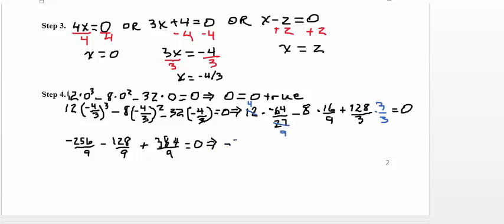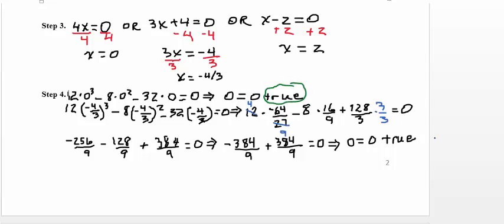And obviously, I get negative 384 over 9 plus 384 over 9 equals 0, which gives me 0 equals 0, which is true. So I've got x equals 0 makes the equation true, x equals negative 4/3 makes the equation true, and let's check our final solution, x equal to 2.